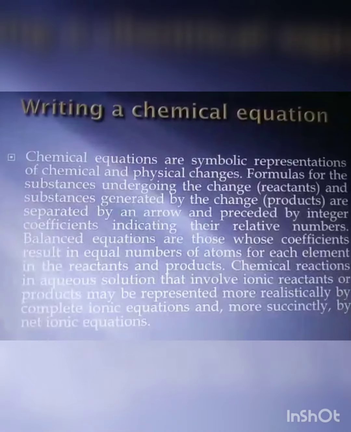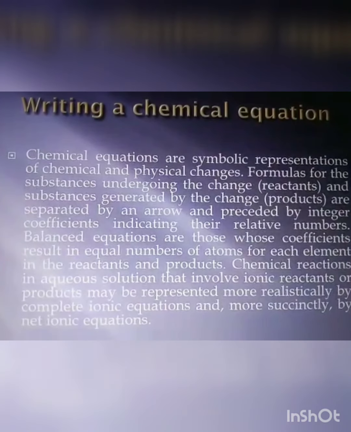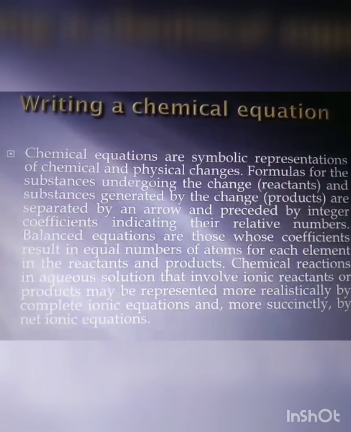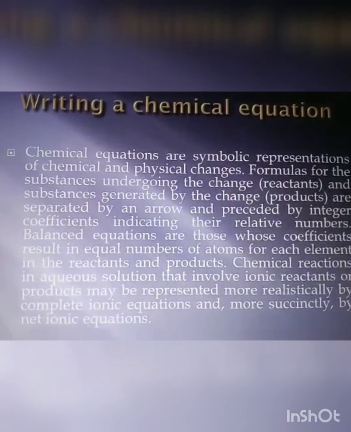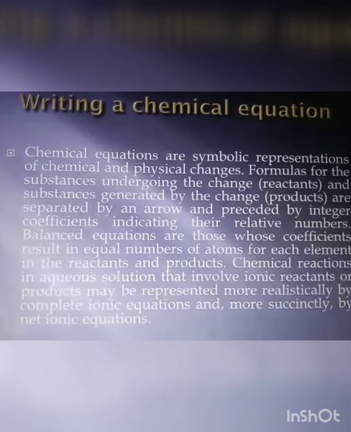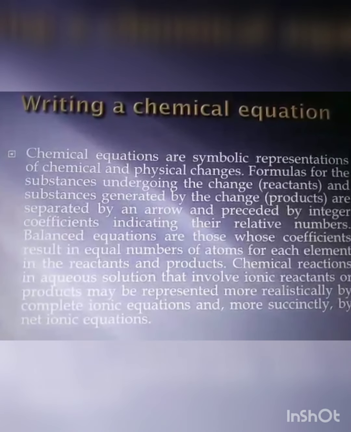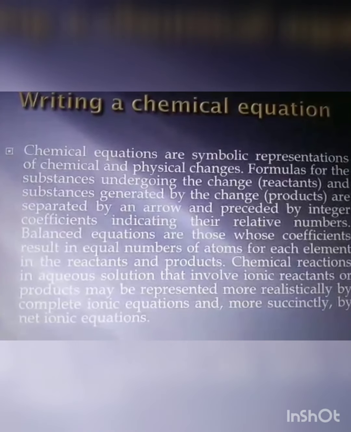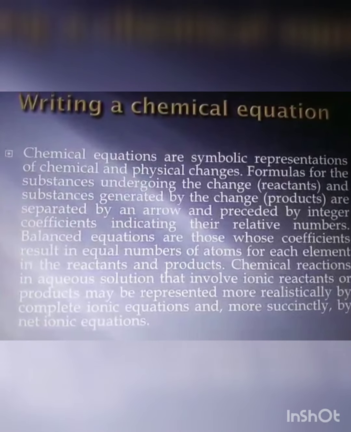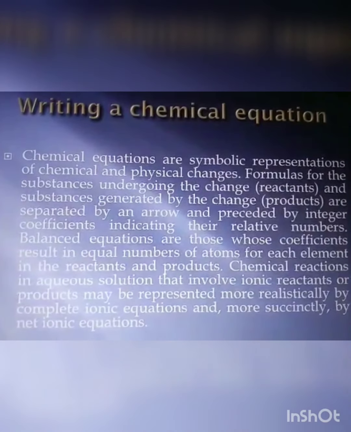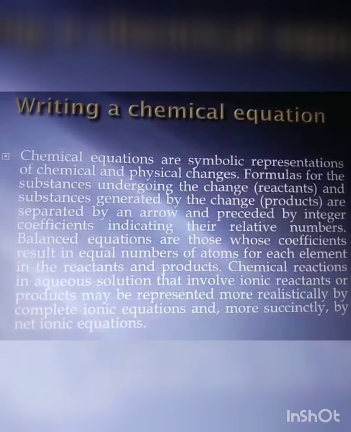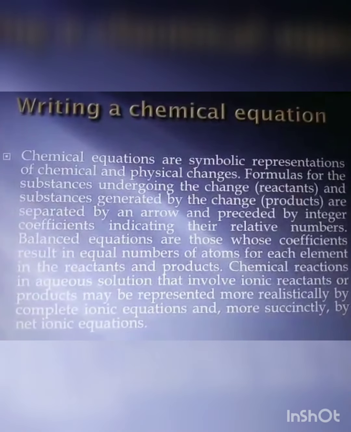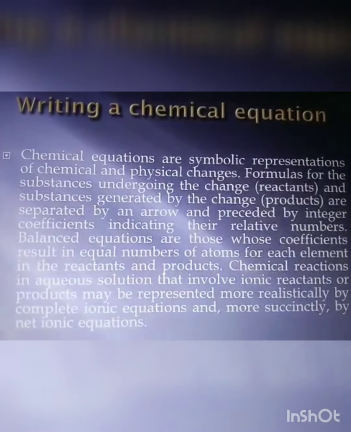Now what is an equation? Chemical equations are symbolic representations of chemical and physical changes. Formulas for the substances undergoing the change, that is reactants, and substances generated by the change, that is products, are separated by an arrow and preceded by integer coefficients indicating their relative numbers.